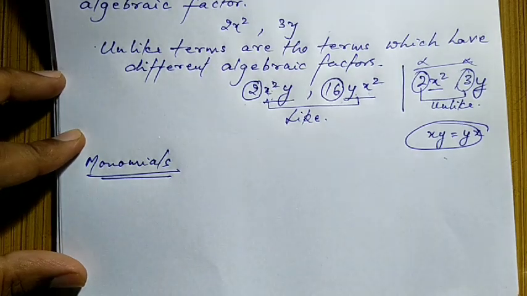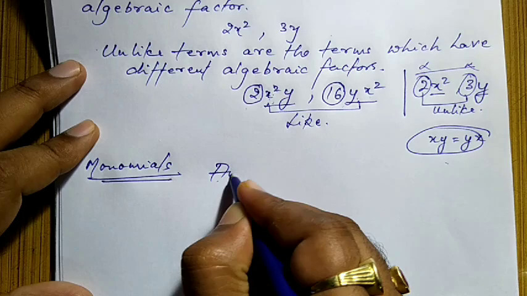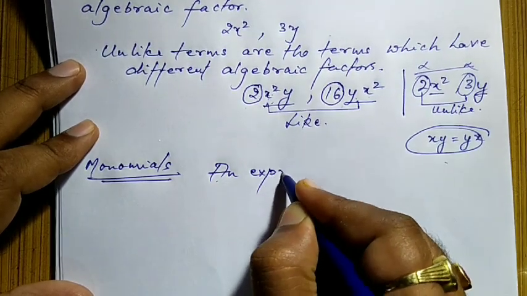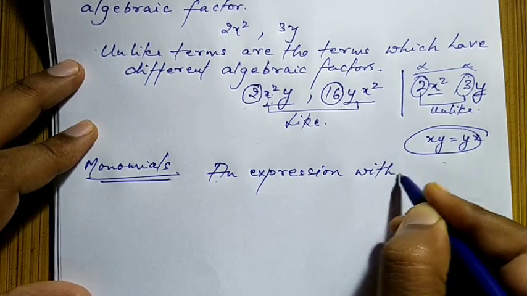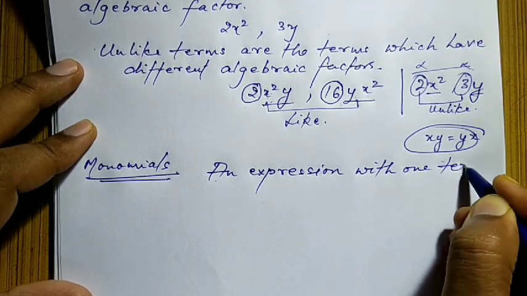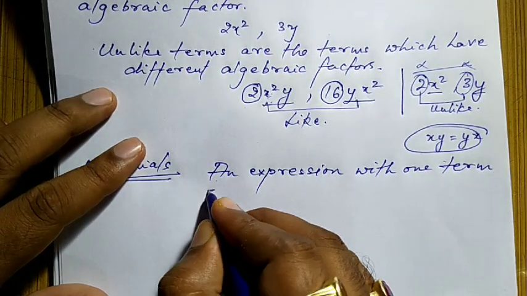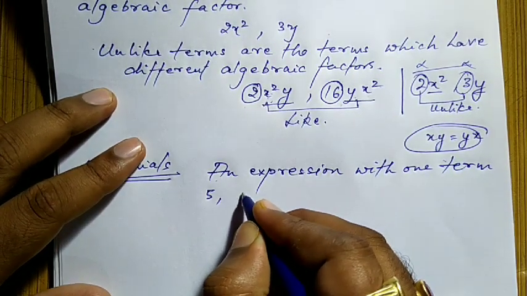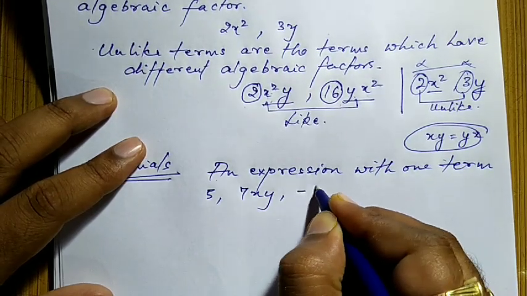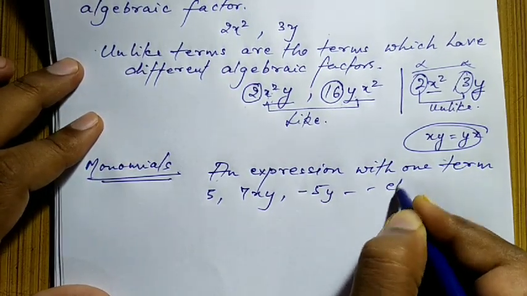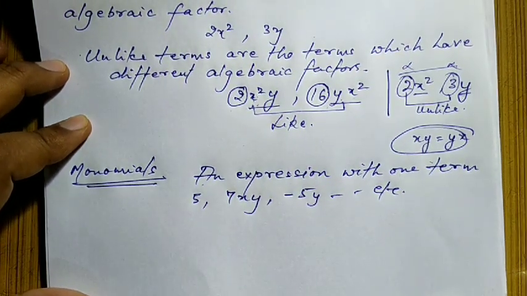As the name indicates, monomial means an expression with one term is called a monomial, like 5, 7xy, minus 5y, etc. These are all monomials, an expression with one term.